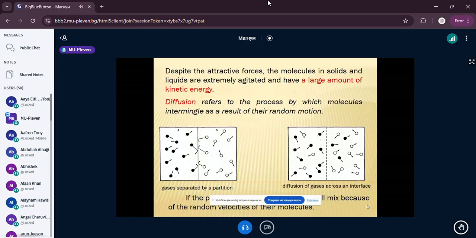So diffusion is a spontaneous transport of matter from an area of high toward an area of low substance concentration. So this is the definition of diffusion.